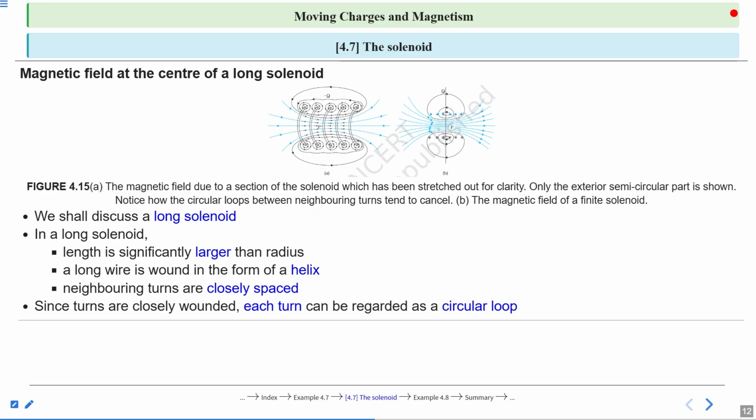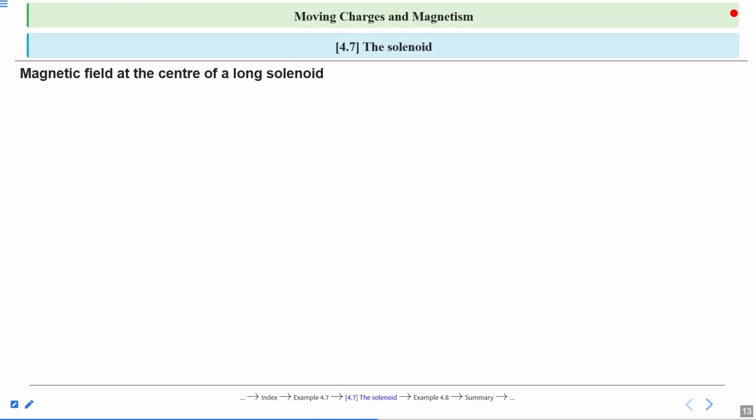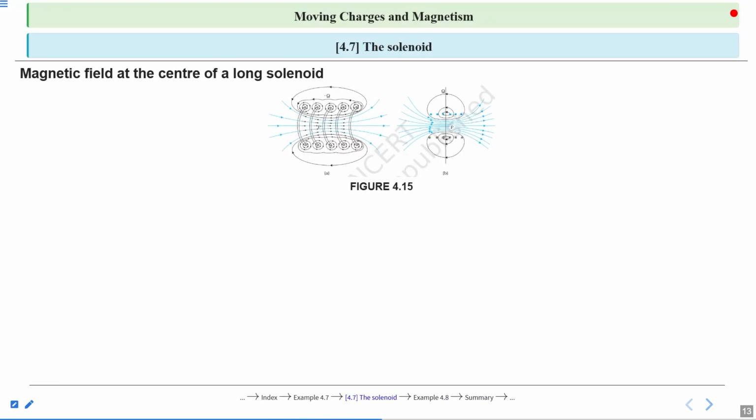That's why each turn can be regarded as a circular loop, not a helical loop. So the net magnetic field is the vector sum of fields due to all the turns.